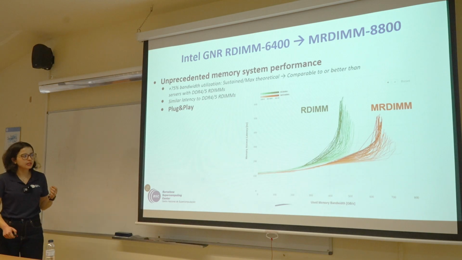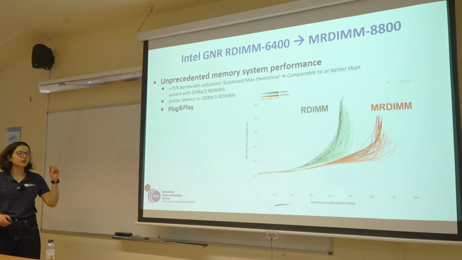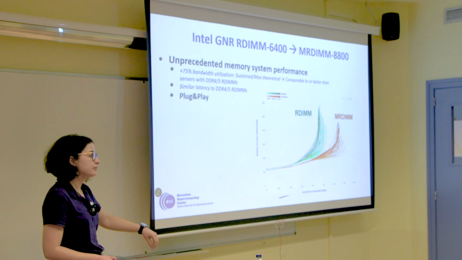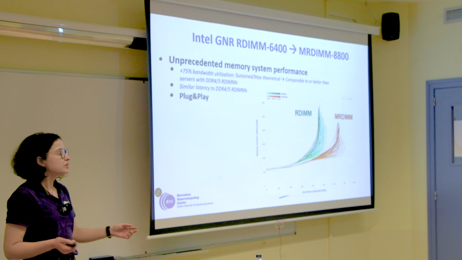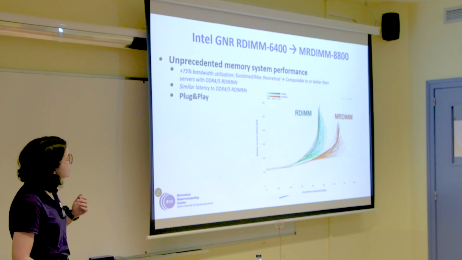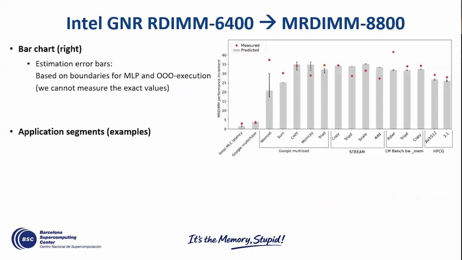The bandwidth is increasing, and the latency is almost the same or a little bit lower. So we have this amazing memory, and it's just a matter of plugging it into your system and you can use it.